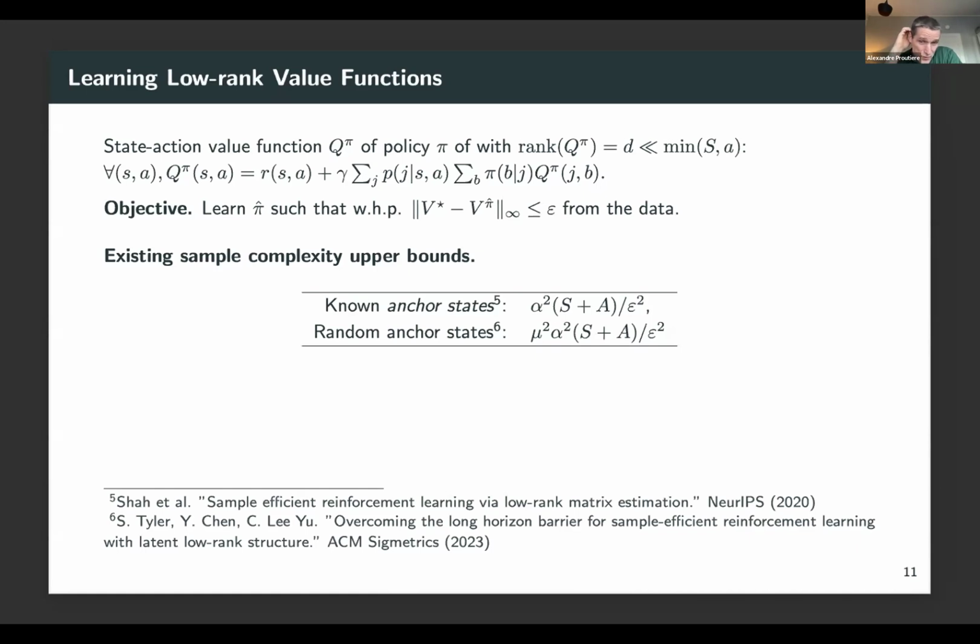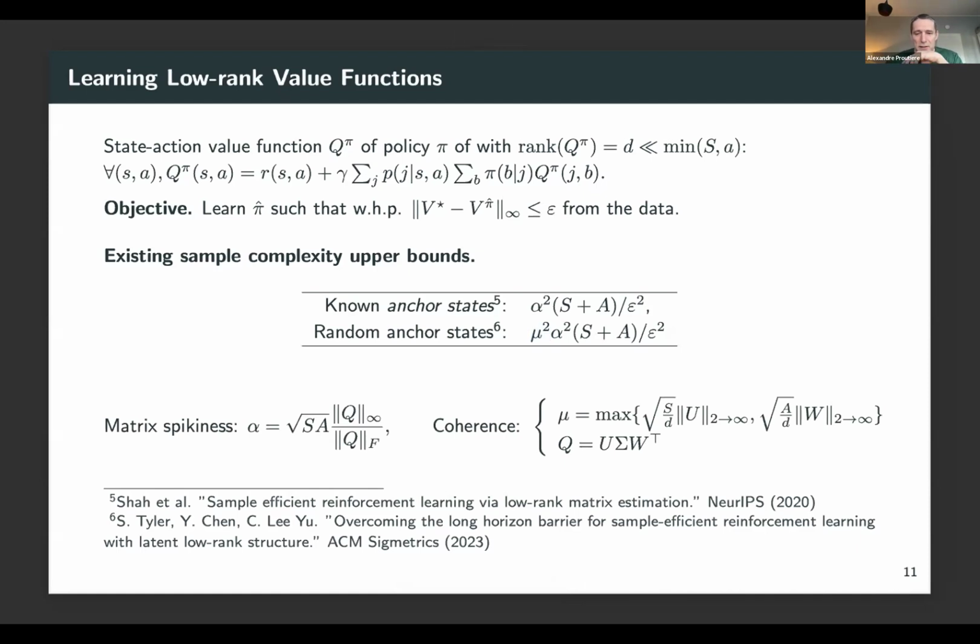And in general, there is no real reason why we would have access to these states. In the second paper by Tyler et al., they try to remove this assumption and randomly select these anchor states. But as a result, their method can only work if they have guarantees in the sample complexity that scales as the incoherence squared of the matrix. And this is a bit limiting. So we will try to do better than these two papers.